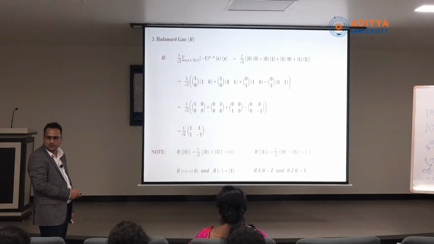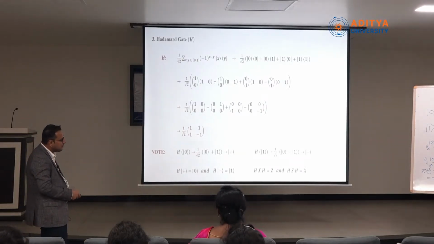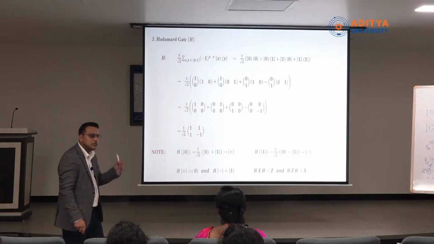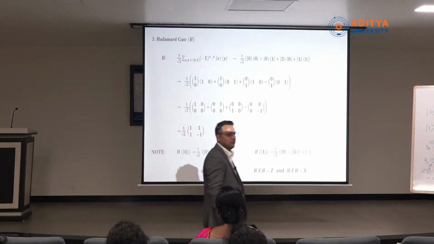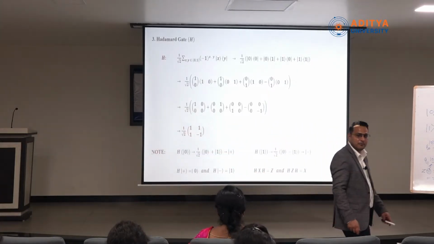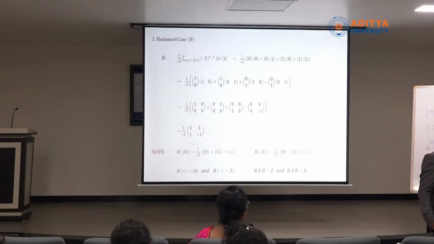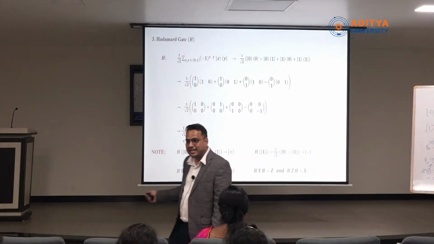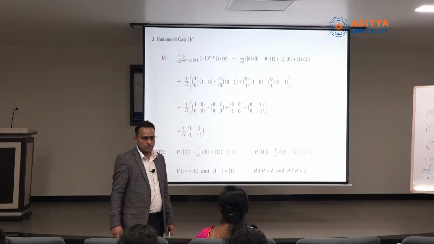Is it clear? Now, this is a very important operation: Hadamard, X, Hadamard. When you write these three operations in sequence, it is equivalent to Z. Z means phase flip. Please remember, because this is a very important setting in Grover's algorithm.